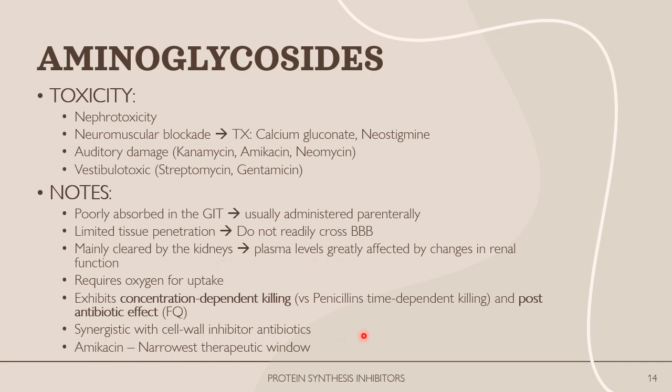This is compared to penicillin, which has time-dependent killing. When we say time-dependent killing, the effect of your penicillins and cephalosporins is directly related to the time above the minimum inhibitory concentration.